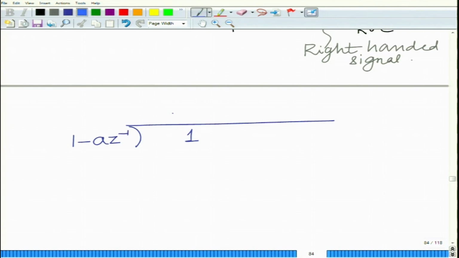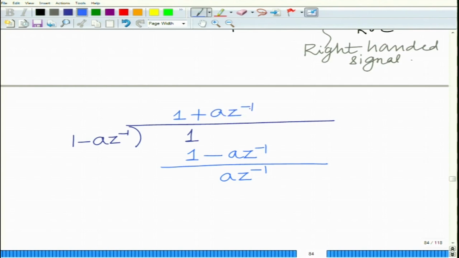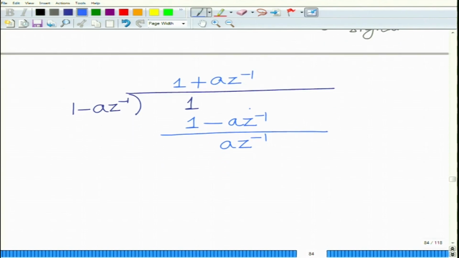I multiply this by 1, that gives me 1 minus A Z inverse. You subtract this to get the remainder A Z inverse. Now you can multiply 1 minus A Z inverse by A Z inverse, and what you obtain is A Z inverse minus A square Z raised to minus 2.